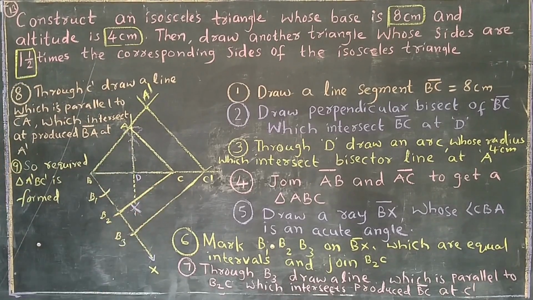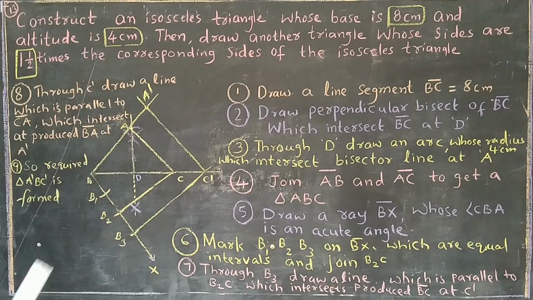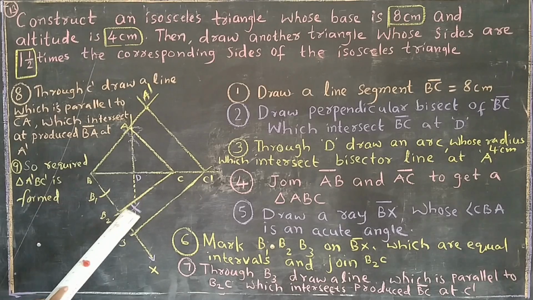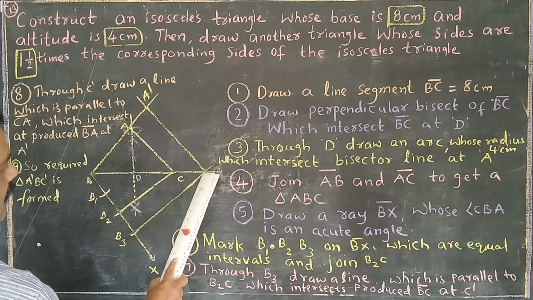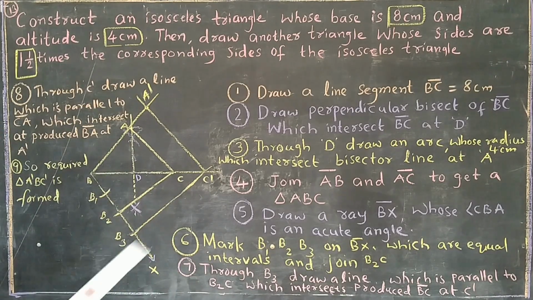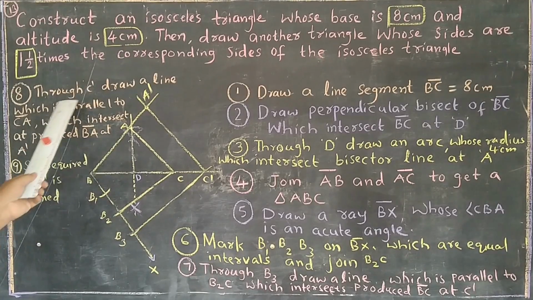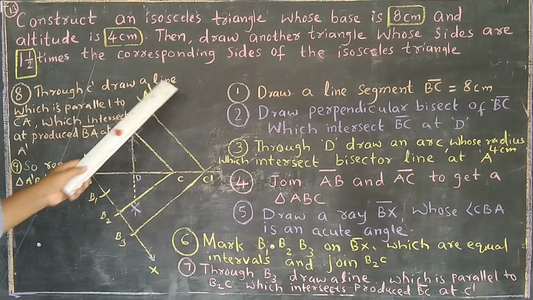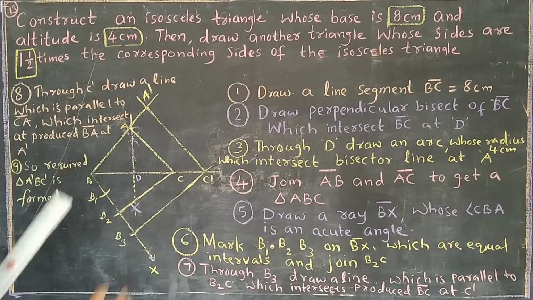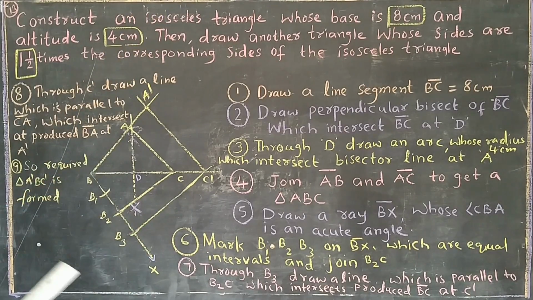Next, through B3, draw a line parallel to B2 C, which intersects the produced line BC at C dash. Through C dash, draw a line parallel to CA, which intersects the produced BA at A dash. So the required triangle A dash B C dash is formed. See properly and practice.